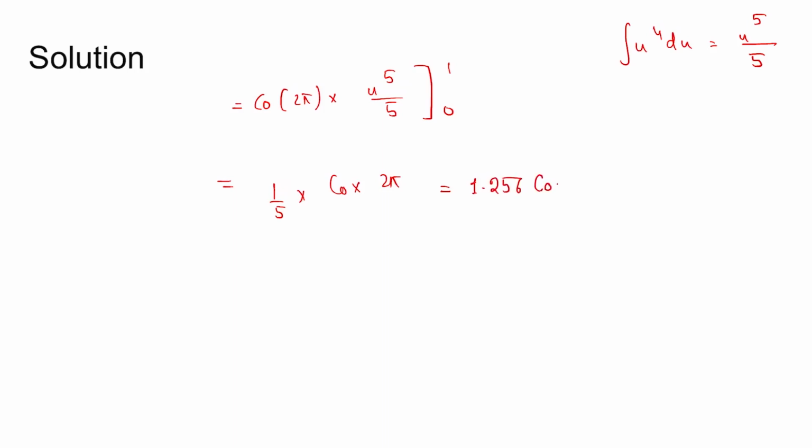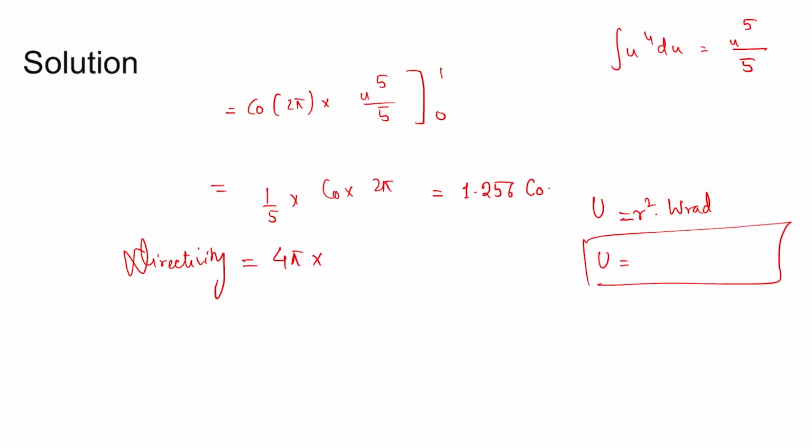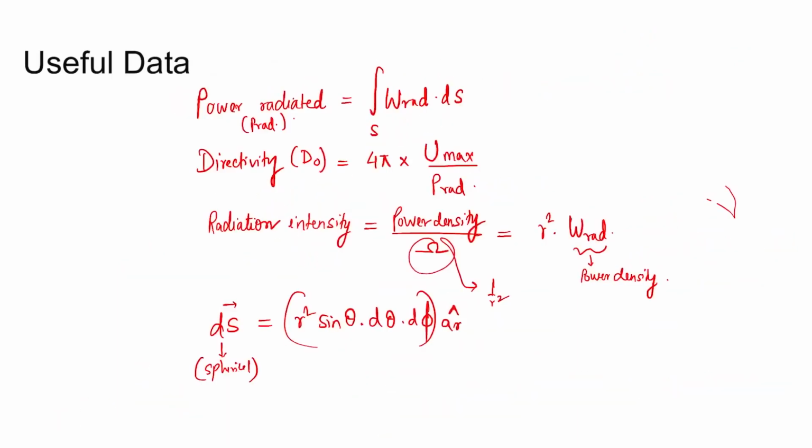This value comes out to be 1.256 C0. Now, trying to determine the directivity. As per the formula, directivity equals 4 pi multiplied by the radiation intensity, and I know it is r square into W_rad. It is U max, which is nothing but C0 into cos to the power 4 theta.